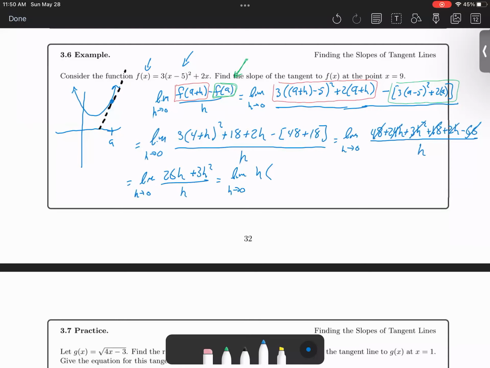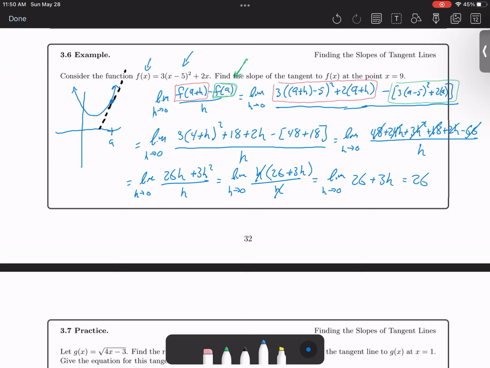So if you pull an h away from the numerator, you're left with 26 plus 3h over h. Those h's cancel. And after you cancel, you now can directly substitute. When you send h to 0, this just becomes 26.